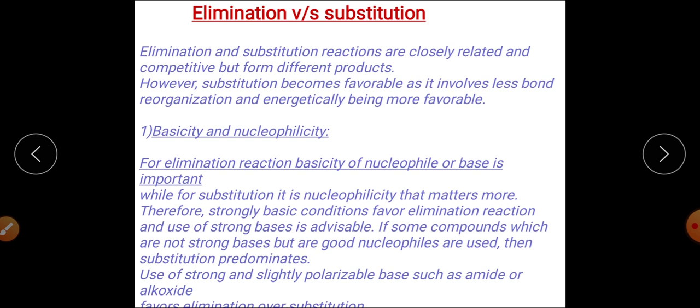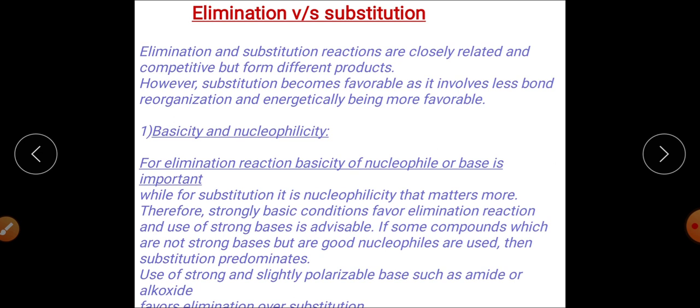There are various parameters. I think in one of my lectures I told you one parameter, that was the nucleophilicity and the basicity. But besides nucleophilicity and basicity, we have various parameters on which the elimination versus substitution will depend.